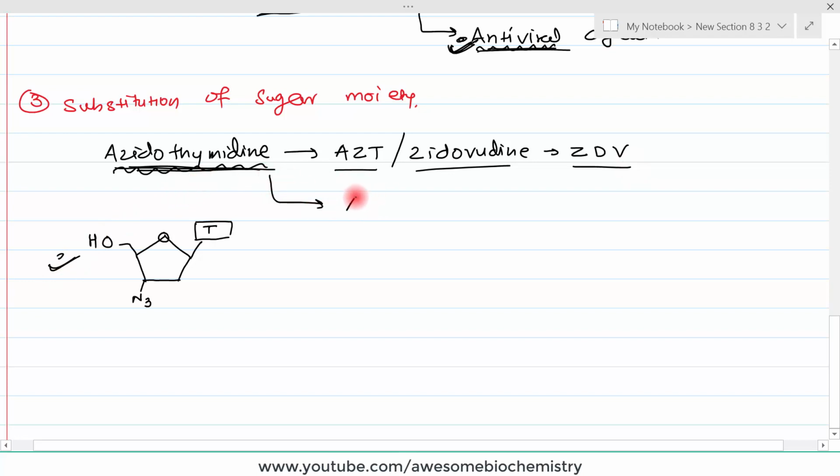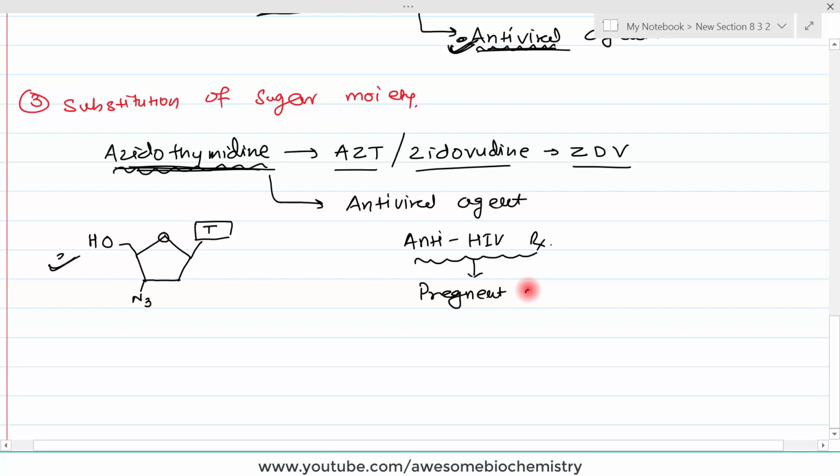This is also an antiviral agent, and specifically it is used for anti-HIV treatment. In HIV infected cases, it is used in pregnant women to stop the passing of this infection to the baby.